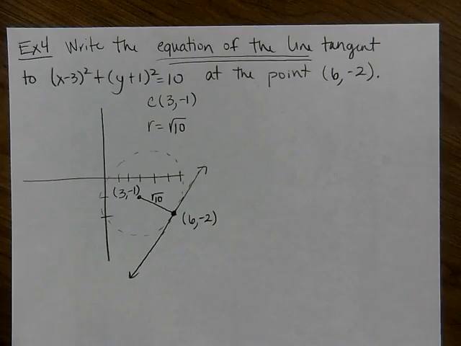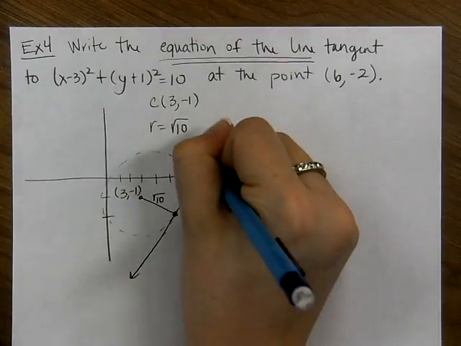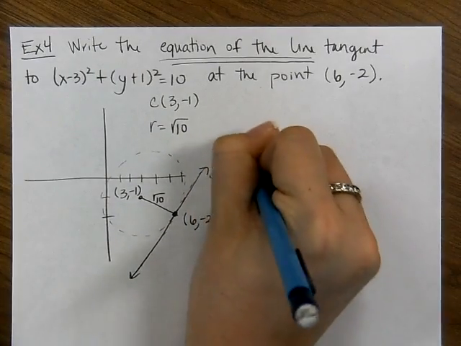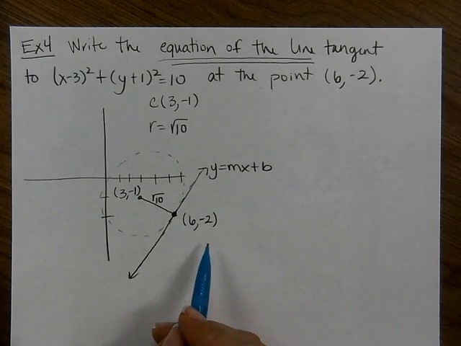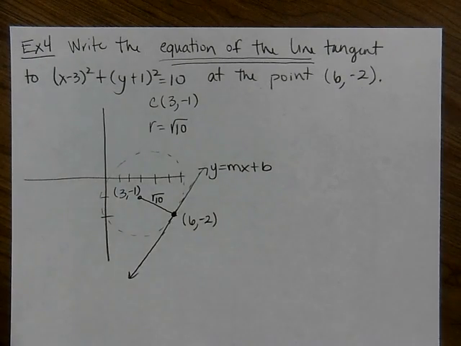Okay, so I'm trying to write the equation of the line. So I am looking for y equals mx plus b. Okay, that's my goal. I don't know the slope. I don't know the y-intercept, so I know nothing. Except I do know x and y, right? I have a solution point on the line. So that's a good start.